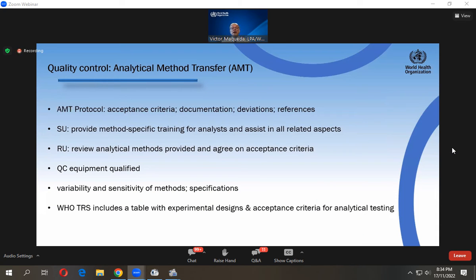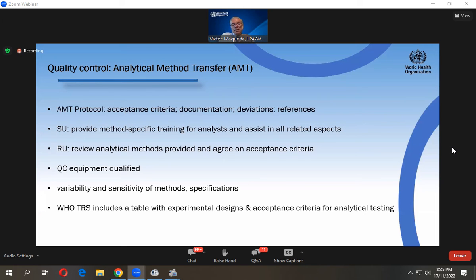This is also coming from the TRS. You can see the analytical method transfer protocol. So we need to have this protocol that we mentioned for the manufacturing with acceptance criteria, documentations, deviations. Very important to understand this and to describe them in any reference. Sending unit should provide the method-specific training for analysts and assist in all related aspects.